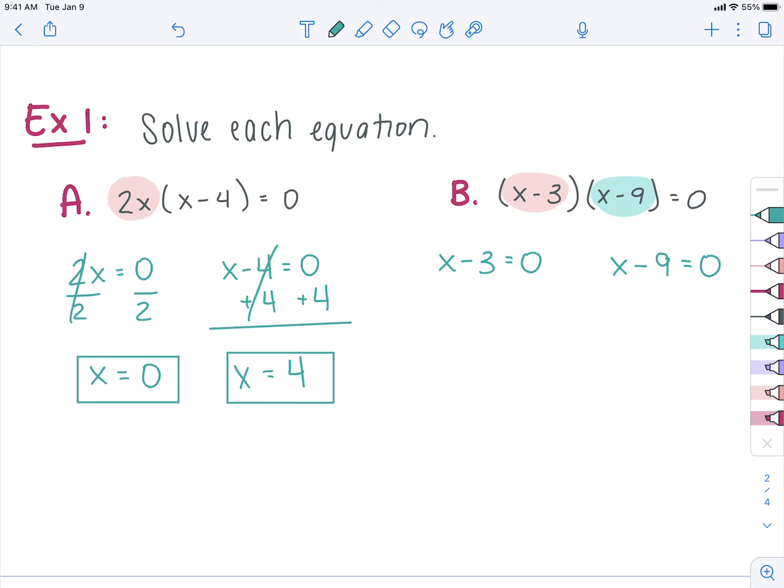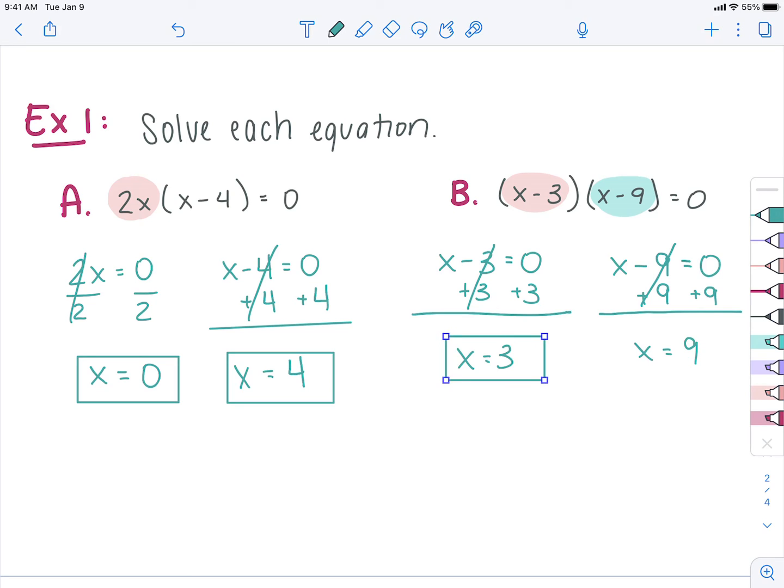And then we're happy because these are easy for us to solve. We add 3 to both sides to get rid of the negative 3, and we get x equals 3. We add 9 to both sides to get rid of the negative 9, and we get x equals 9. So my two answers for B are 3 and 9.